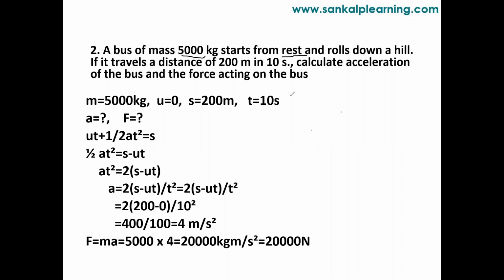They specified that the body is at rest, so we will take the initial velocity as 0. Mass is 5000 kg, initial velocity is 0, distance S is equal to 200 meter and t is equal to 10 seconds. So let us calculate the acceleration and force acting.